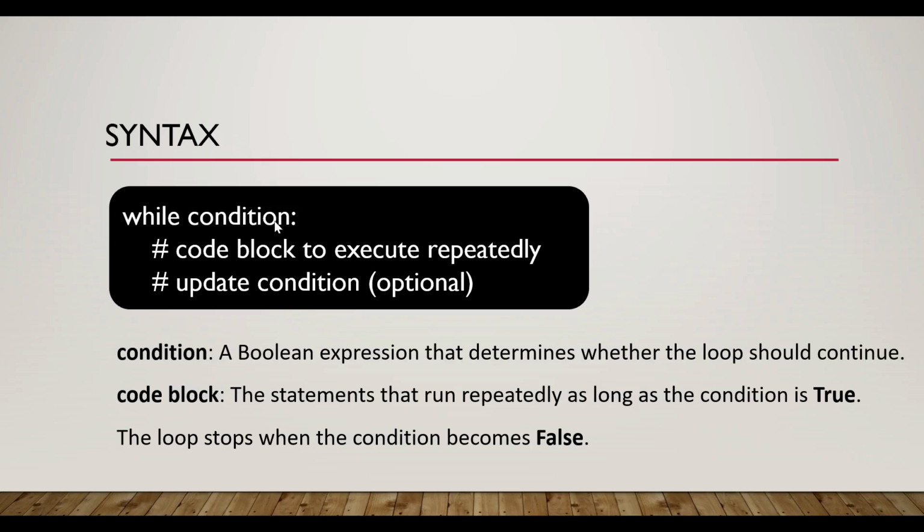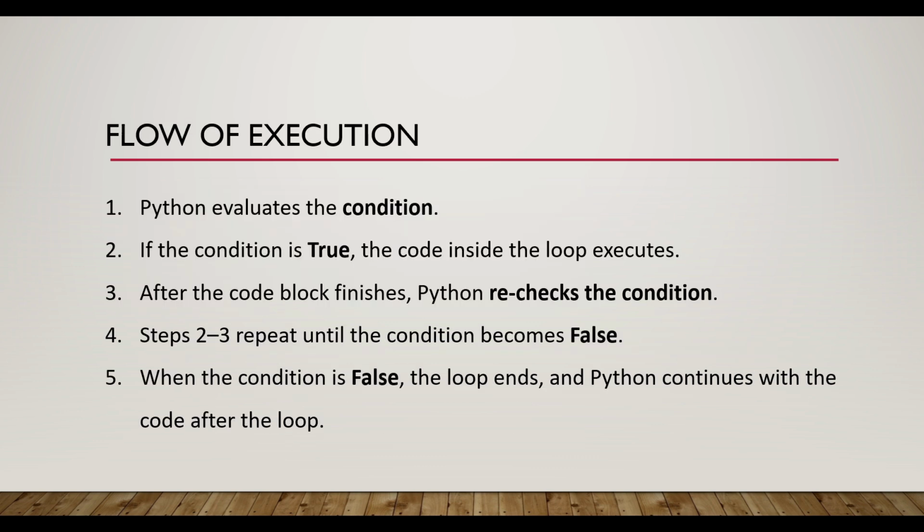The syntax is: while condition, code block executes repeatedly, and update the condition, like the increment we already gave. The condition is a boolean expression that determines whether the loop should continue. The code block is the statement that runs repeatedly as long as the condition is true. Up to the condition being true, the loop will be executed continuously. This is the meaning of these lines.